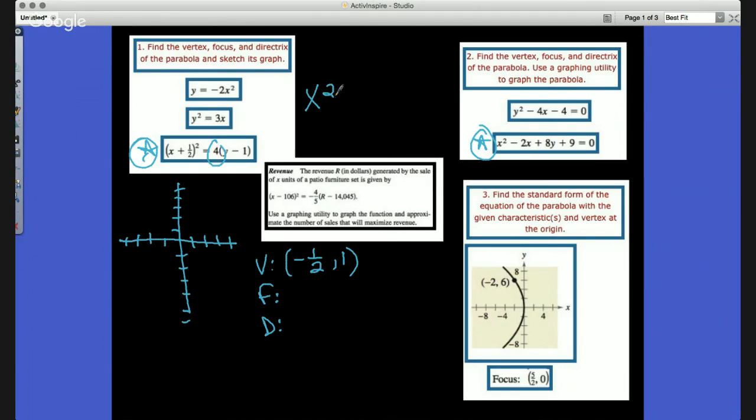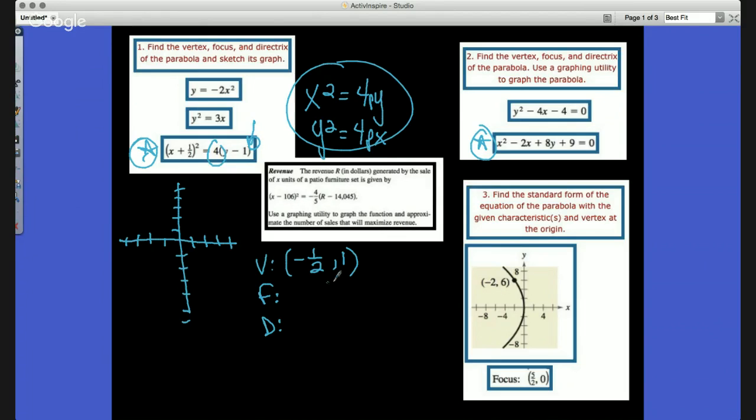Our standard form is x squared equals 4p times y, or y squared equals 4p times x. We want the value that's not within the parentheses on the side that does not have the square.